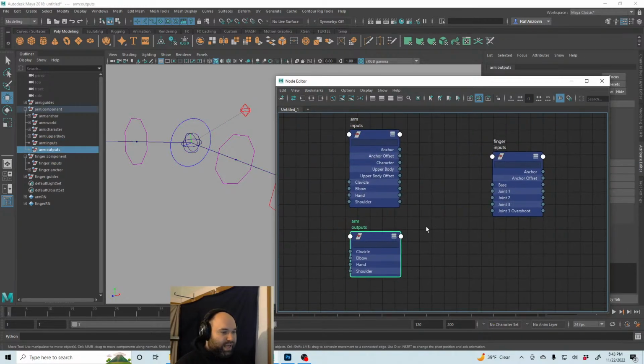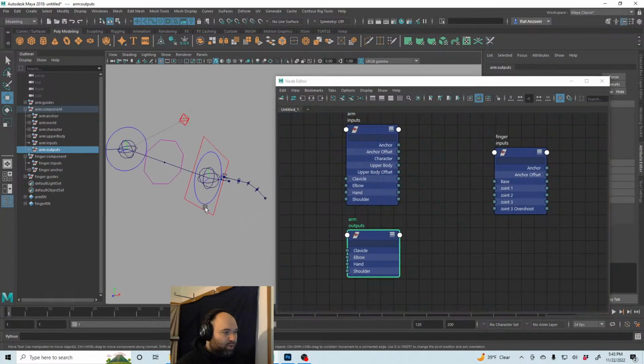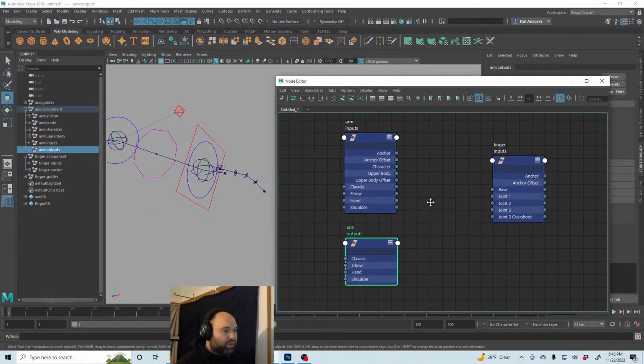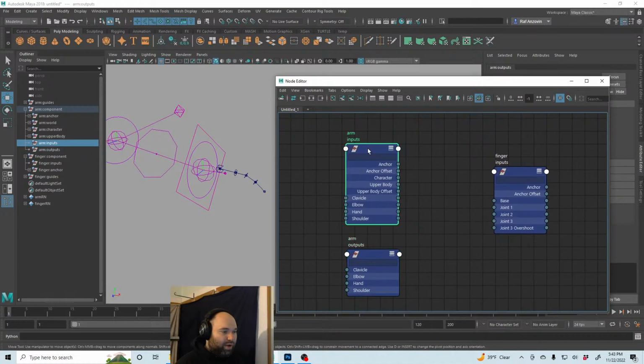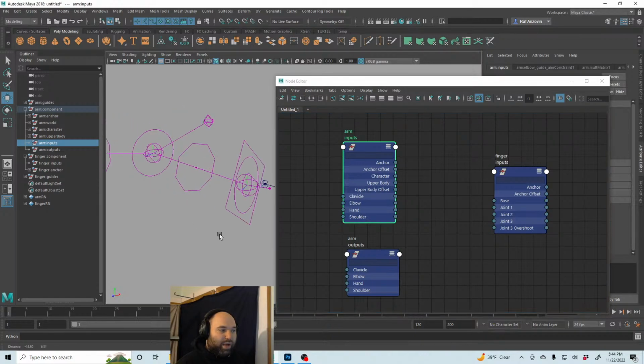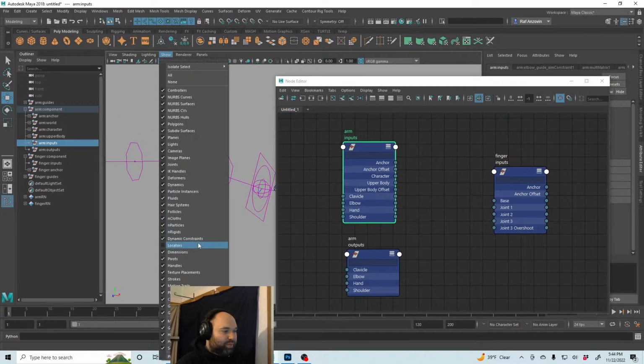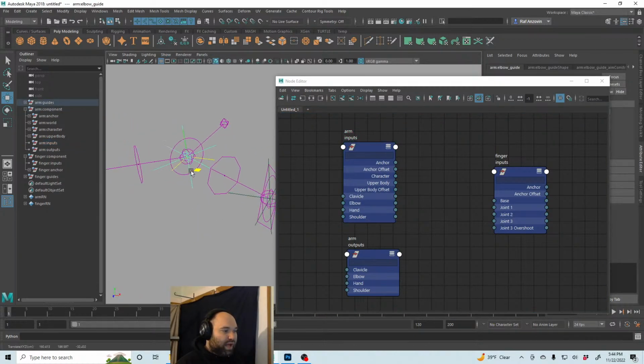We are going to take our ARM outputs and ARM inputs. Now, remember here, what's driving the ARM inputs are the guides, right? Let me just put the guides back on. When I am moving the guide around, the way that it is making any of the adjustments is changing the data inside these inputs.